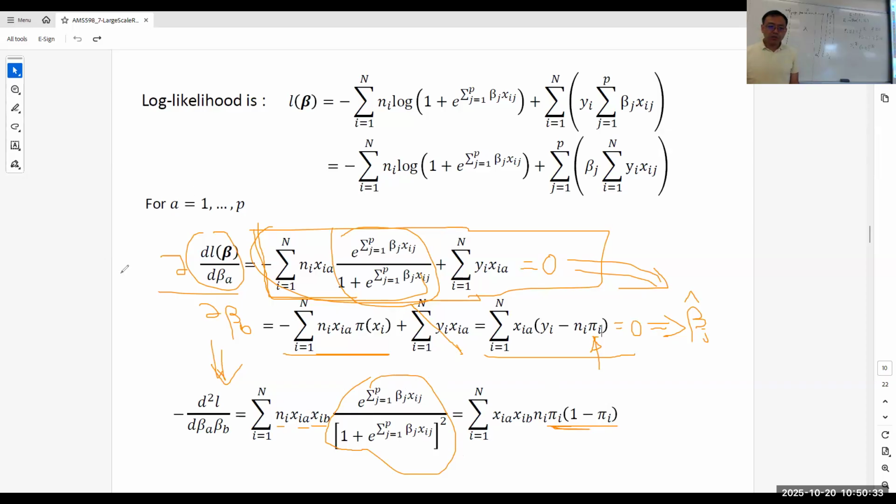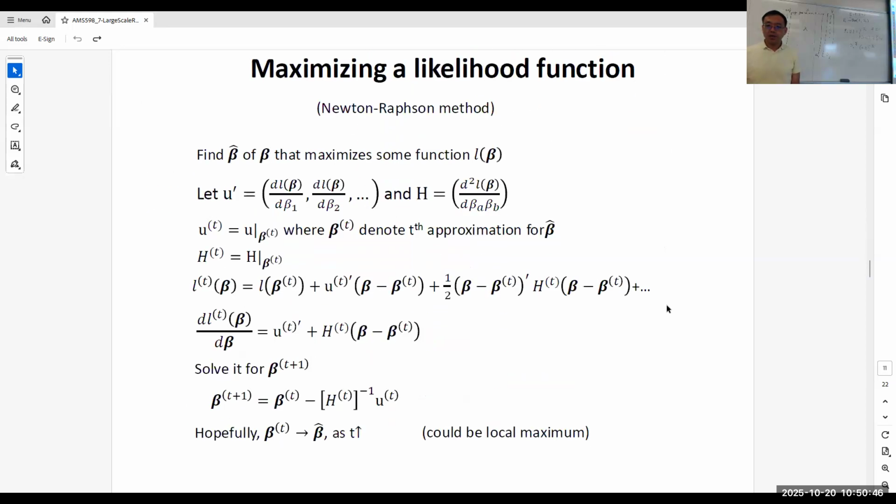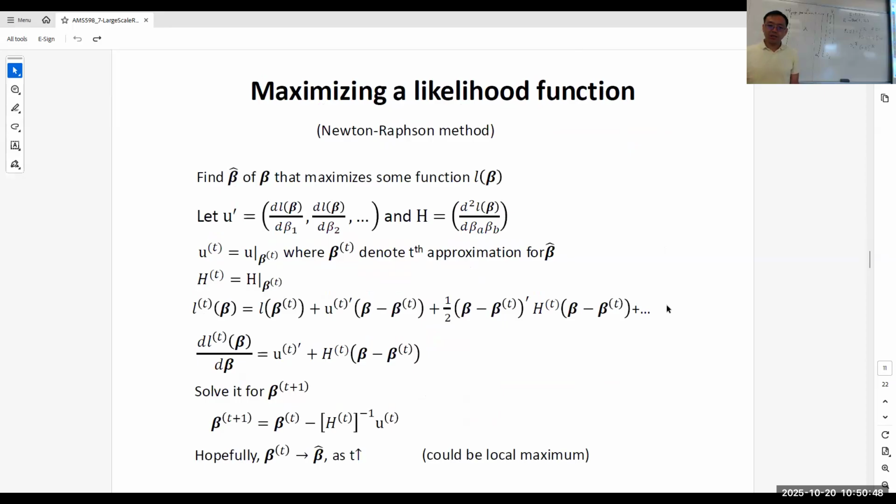By using the first order and second order derivatives, we can use a technique called Newton-Raphson to numerically solve for beta. We're going to continue that in the next class.